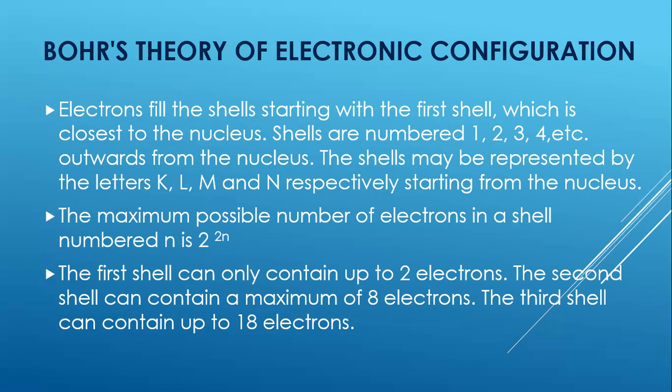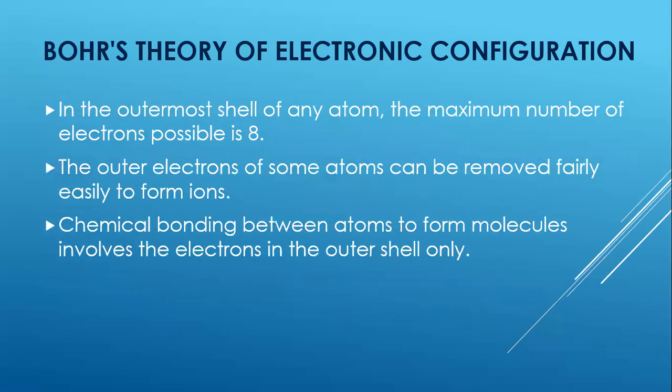The first shell can only contain up to 2 electrons, so we have to note that. The second shell can contain a maximum of 8 electrons. The third shell can contain up to 18 electrons. In the outermost shell of any atom, the maximum number of electrons possible is 8.